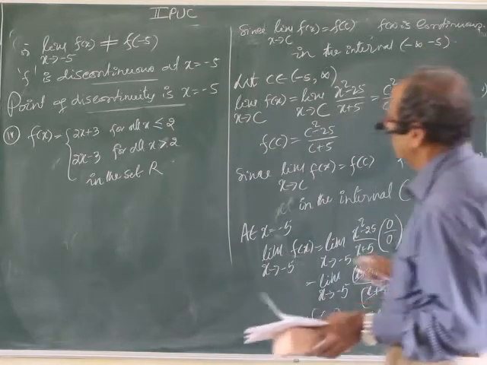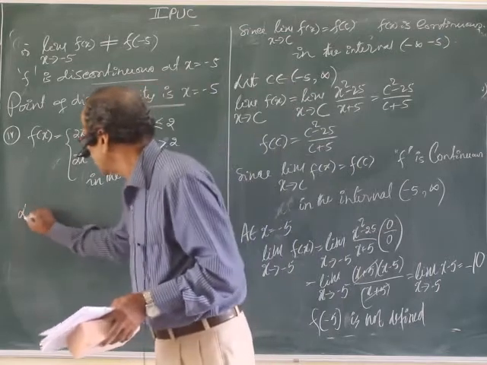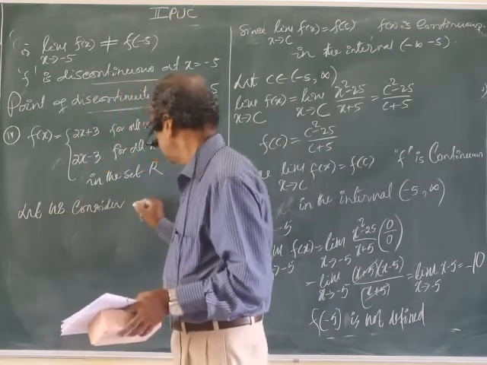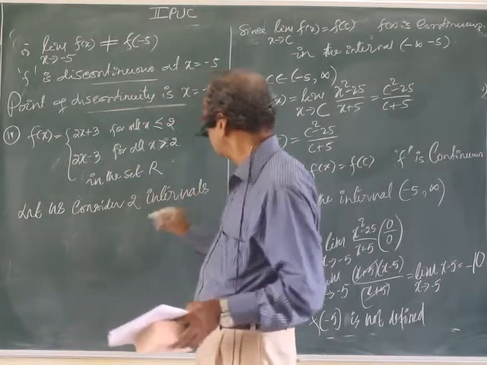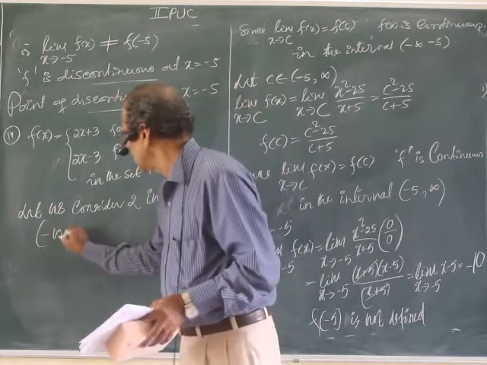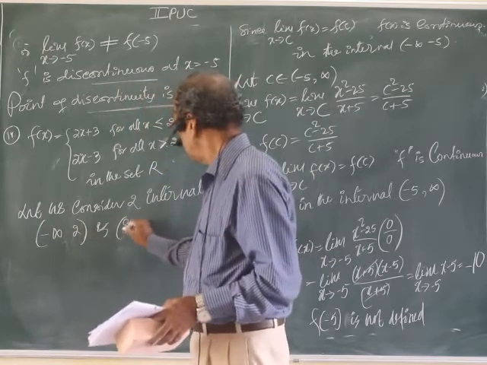Instead of taking limit and other things, let me take the linear equation. Let us consider two intervals. Which are they? First one is from minus infinity up to 2 and from 2 to infinity.